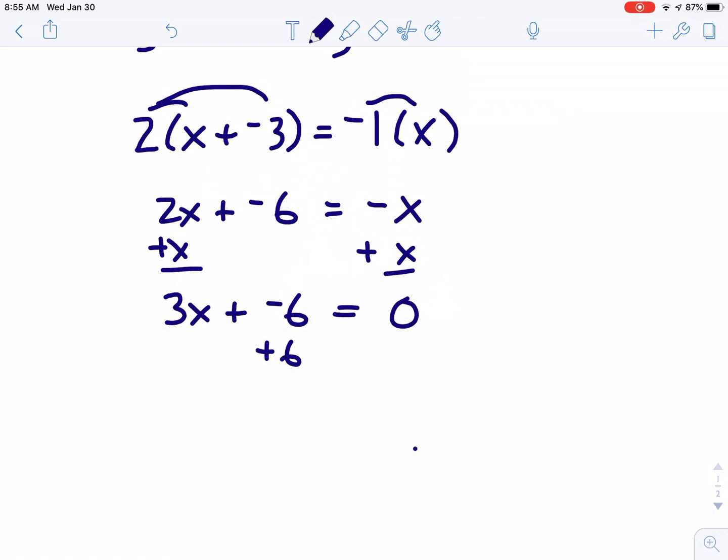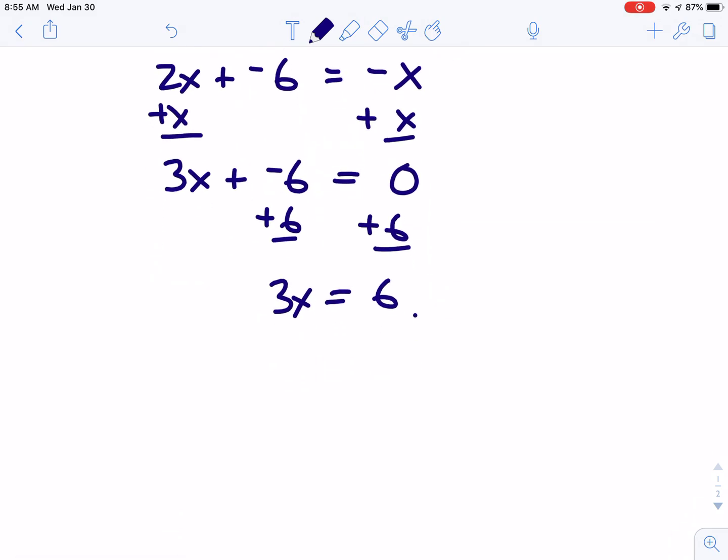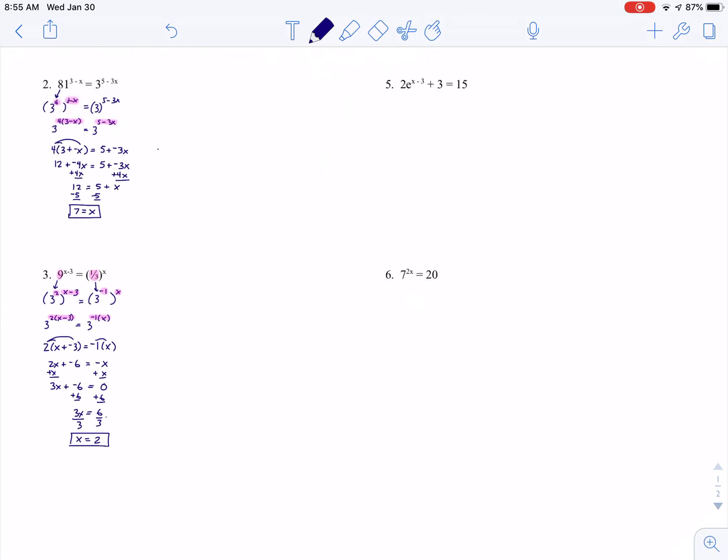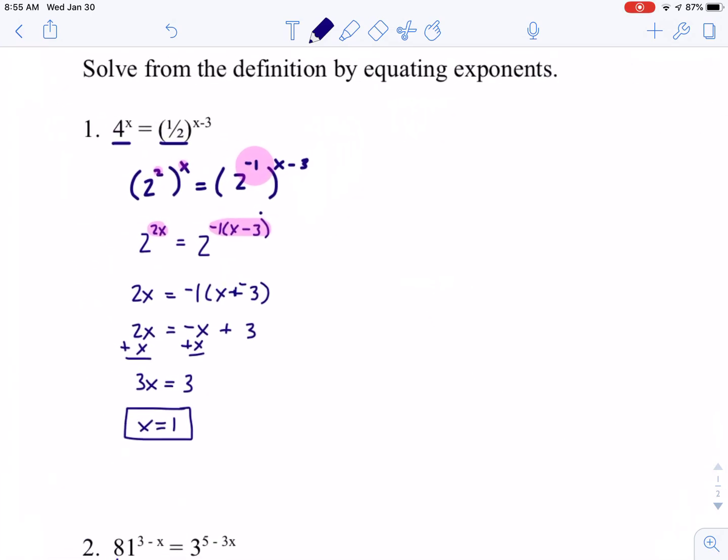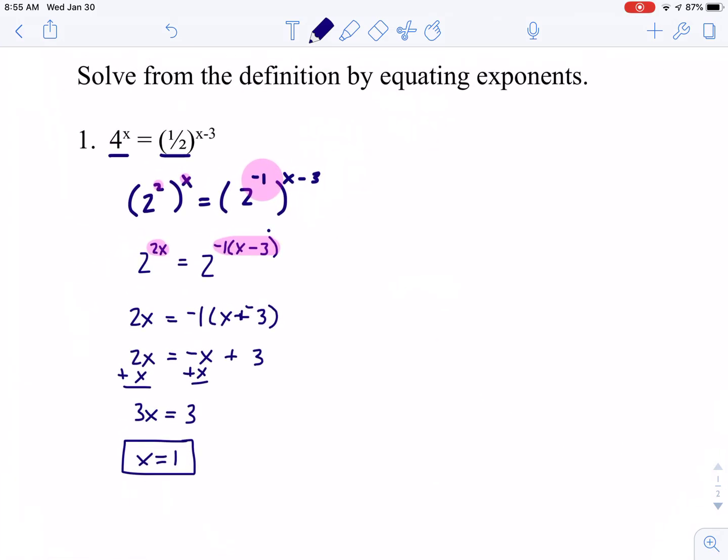Adding 6 to both sides, you get 3x equals 6. And dividing by 3, you get x equals 2. All right, so that is how you solve exponential equations by using the definition. And what it says here is equating the exponents, making sure the exponents are the same.